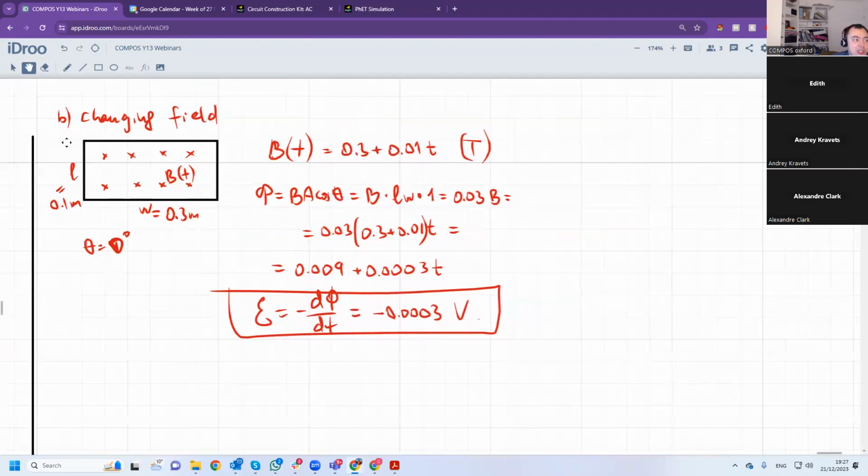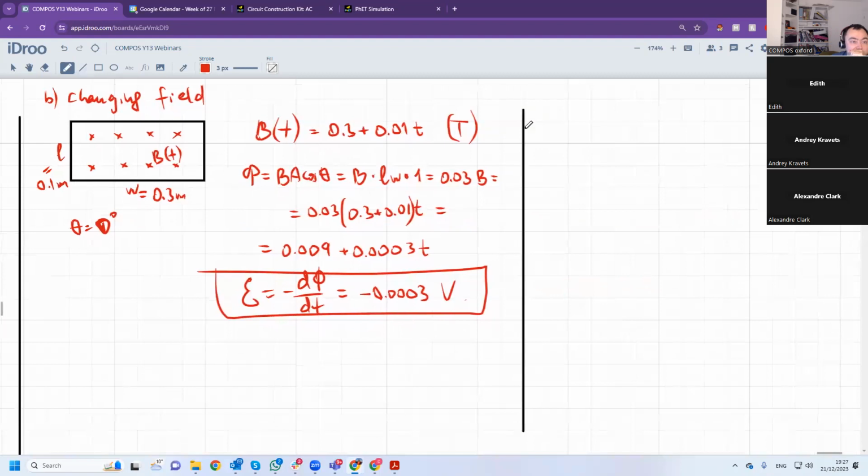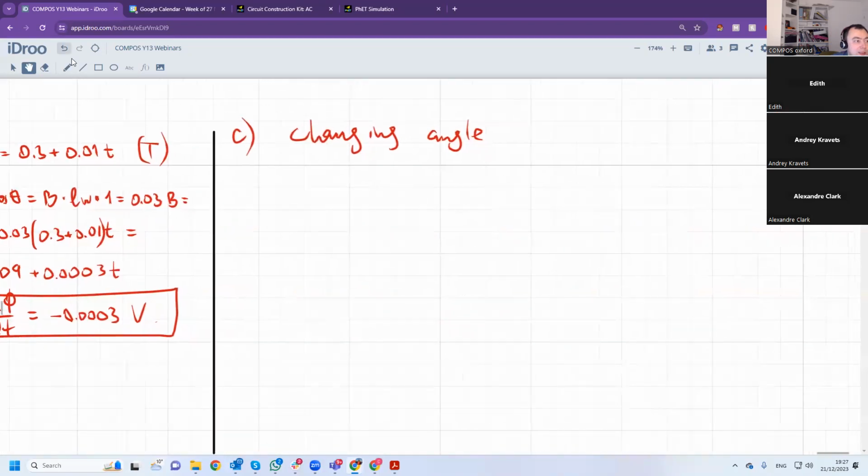And C, changing the angle. So let's say we have a spinning loop of wire that can spin. This is the axis of spinning.